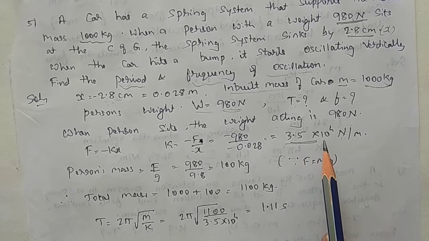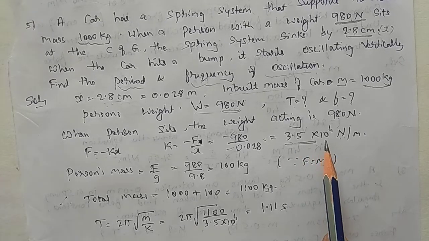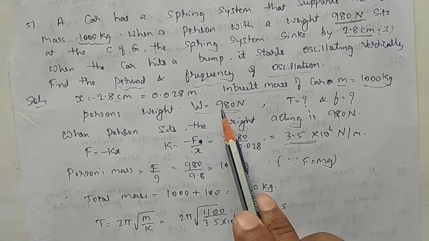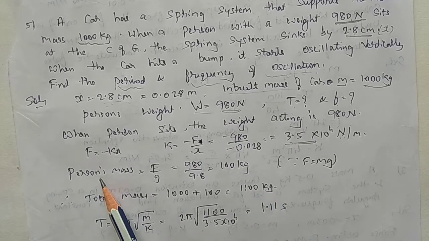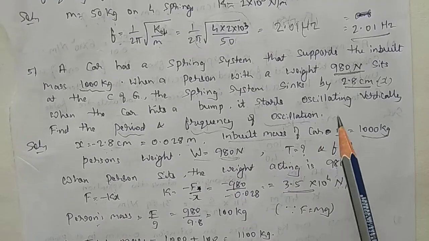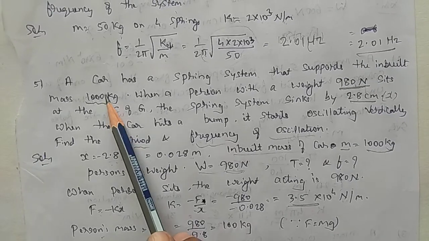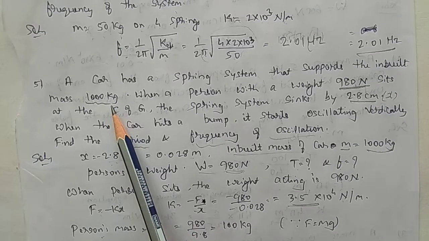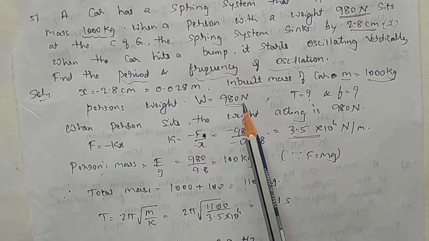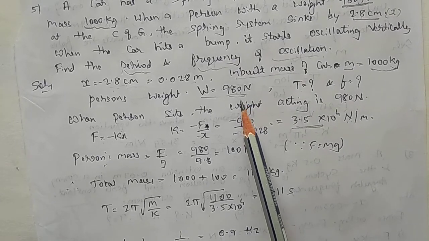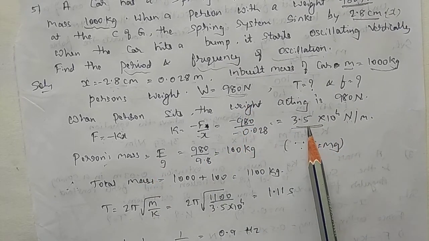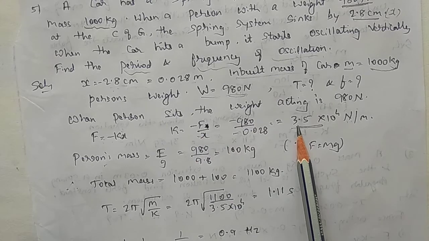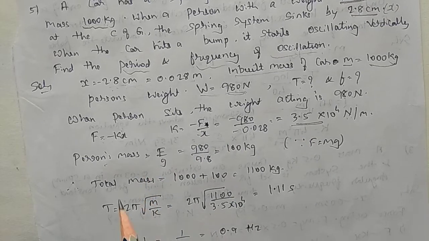So K is going to be 3.5 × 10^4. Now we have to find out the mass. The force we calculated, and the mass of the vehicle is given in kg, 1000 kg. Now we have to calculate the mass of the person.